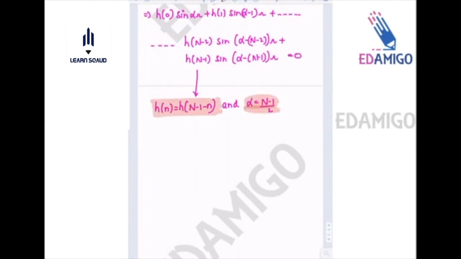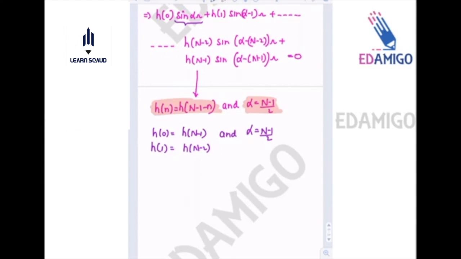Now what will happen if these two conditions are satisfied? Then we can say that h0 equals h[N minus 1], h1 equals h[N minus 2], and since alpha is equal to (capital N minus 1) divided by 2, I can say that this is sine of alpha n.